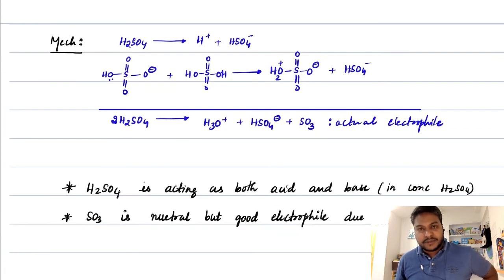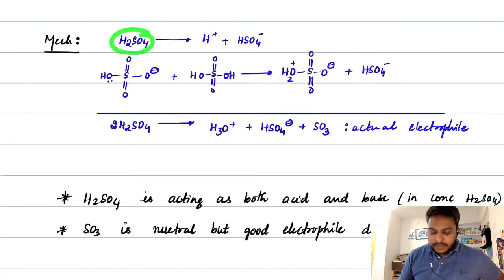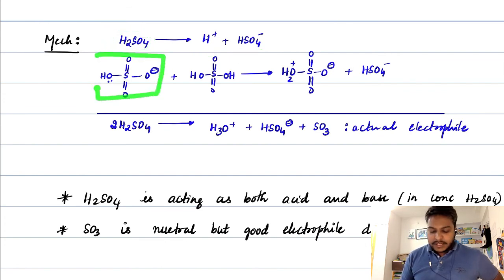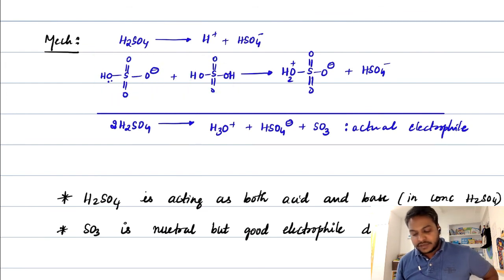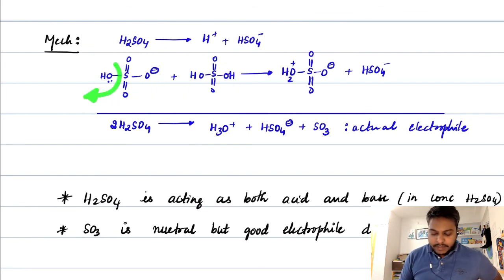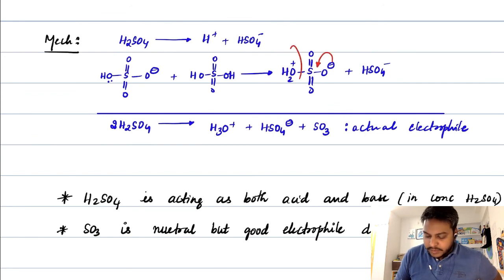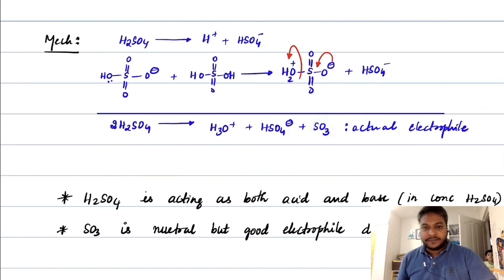Let us just shoot through the mechanism once. H2SO4 will change into H plus and HSO4 minus because it is a strong acid. If you treat this HSO4 minus with the next mole of H2SO4, it can become H2O plus here, and we will get HSO4 minus. Basically, this is how it is happening. This will become SO3, and H2O will be removed on heating. On heating, we will get SO3, got it?